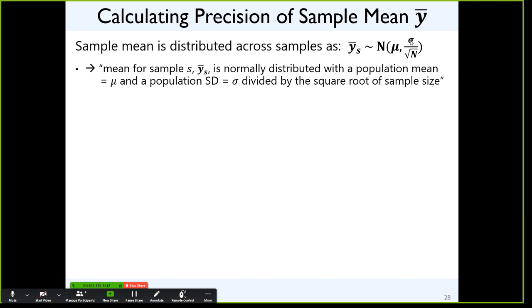The second one, this is like standard deviation, but instead of talking about the average offness of a person to the mean, this is talking about the average offness of a sample mean to the population mean. And that is given by our sample variance divided by the square root of sample size. So the variance of the mean is the variance of the sample over the square root of n.